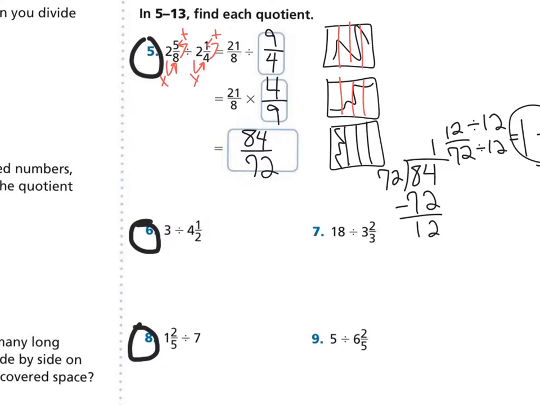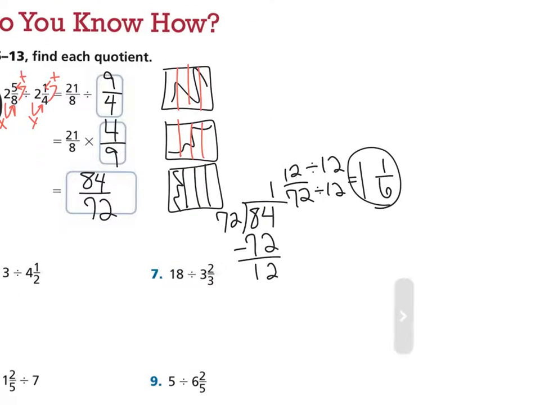Just to mention, again, only can be done for multiplication. Only can be done for multiplication is reducing factors.